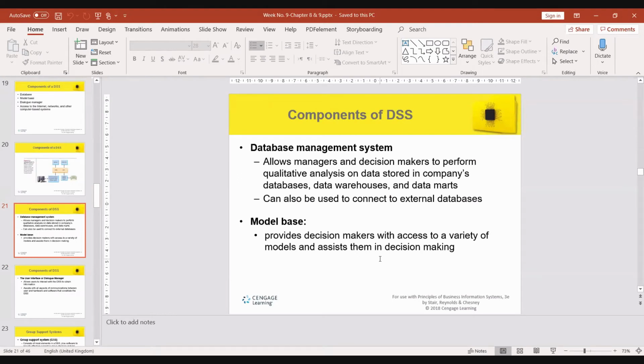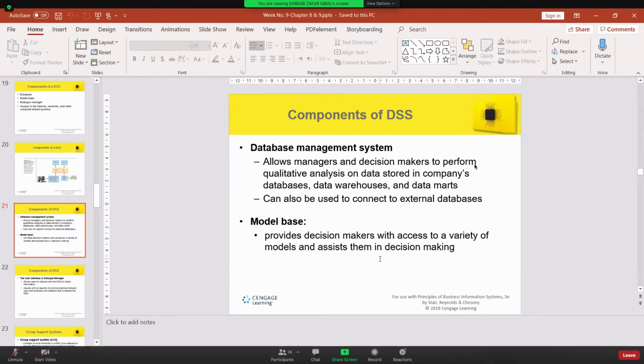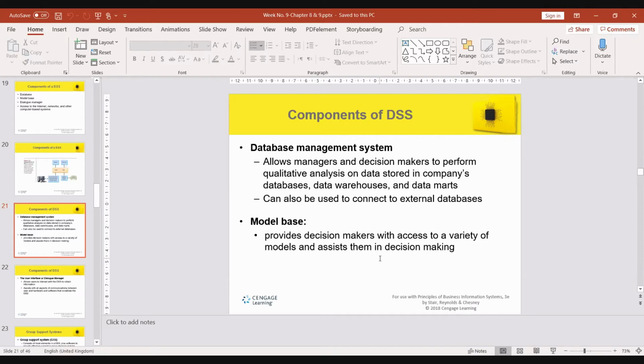Okay, so the database management system. I think you guys are familiar with this. It allows managers and decision makers to perform qualitative analysis on data stored in companies' databases, data warehouses, and data marts, and can also connect to external databases like MySQL, SQL Server.